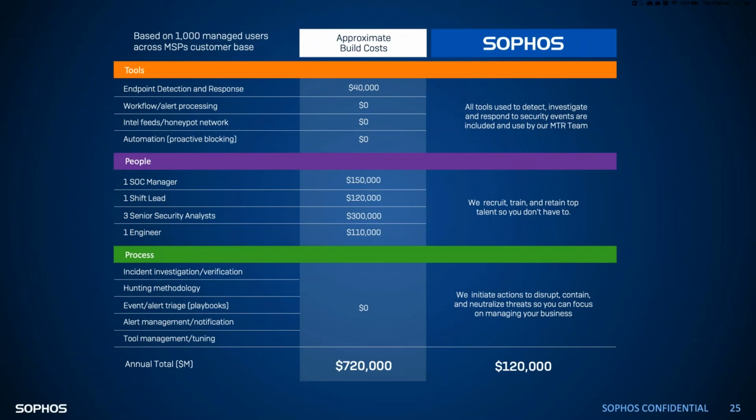We did this analysis earlier. So just over half of that 120 would actually be associated with licensing of the product. When you break that out specifically, you're still talking about 50K now for the MTR, again, for a 24/7 service for your customers.